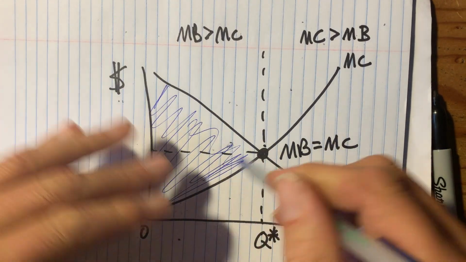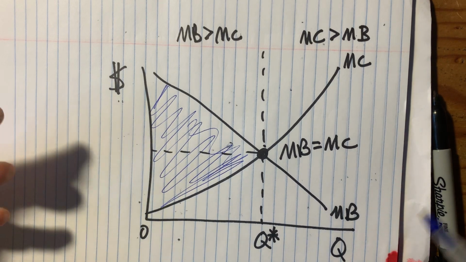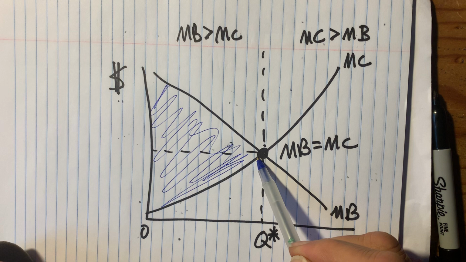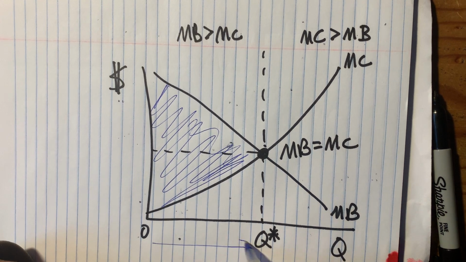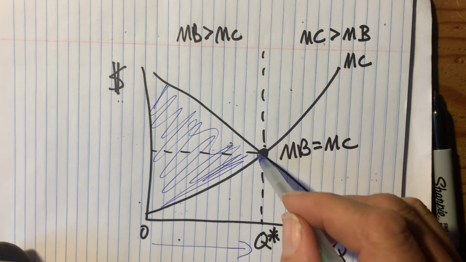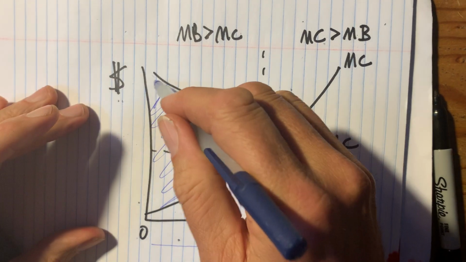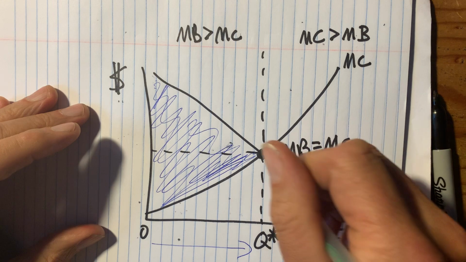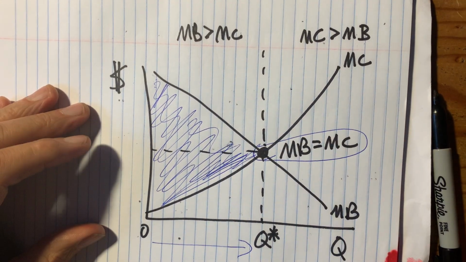But the interesting thing here is that our gains from consumption are, again, this triangle, except this triangle now is going to you, in the sense that these are your costs of consuming. These are your benefits for consuming. You decide when you're going to stop, which would be this rule right here, right at that equilibrium.